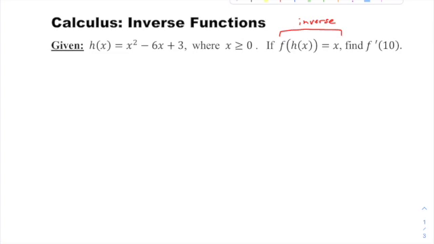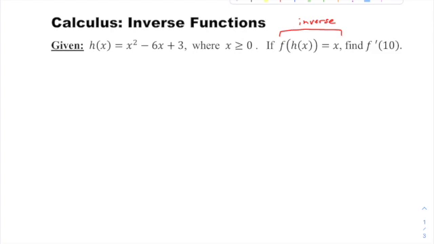And so you could try to write the inverse function of this, which would be f, by switching x and y, making this x equals y squared minus 6y plus 3, and then trying to solve for y, and then plug in 10, but that's going to be a little messy too. So I've intentionally chosen something that's that way. So you learn this calculus property.